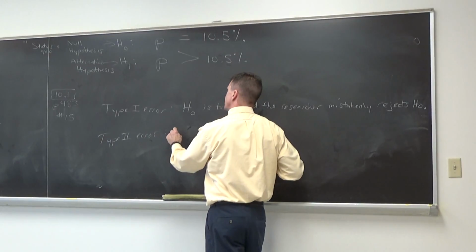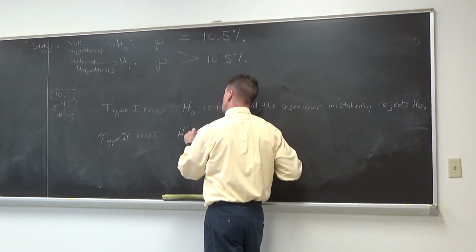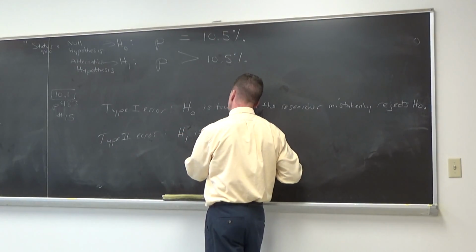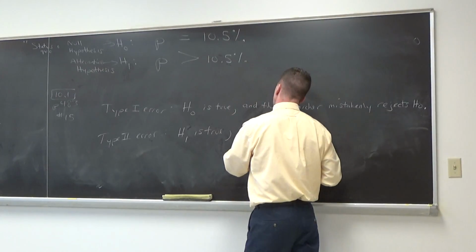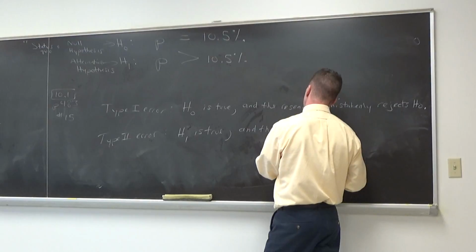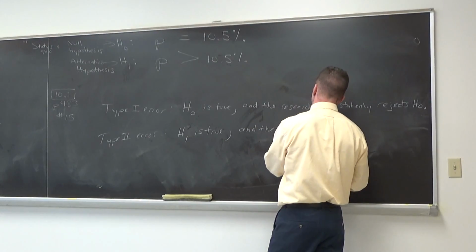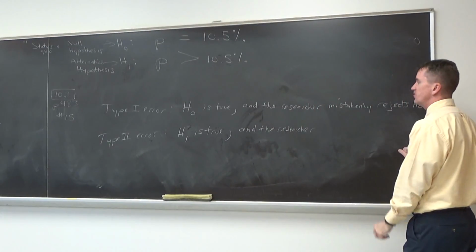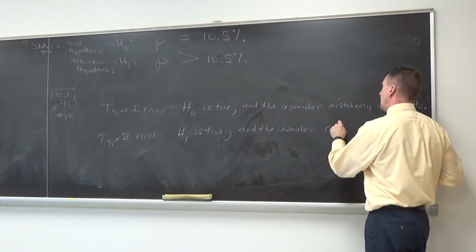This is the opposite. This is when the H1 is true, which is the alternative hypothesis, and the researcher, I'm going to put a word, everyone, and then I'm going to change it, okay? The researcher retains.